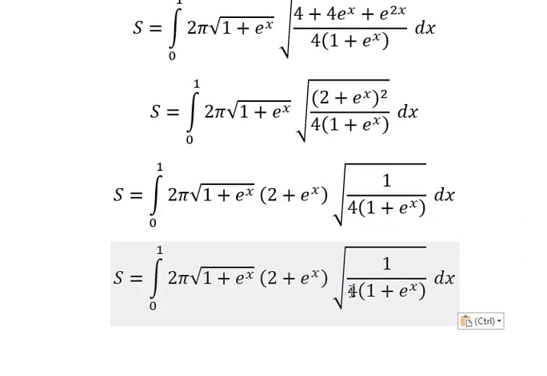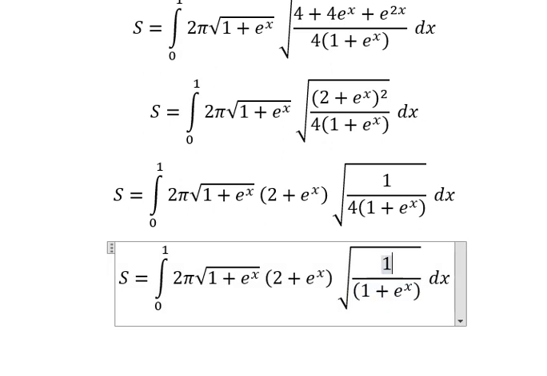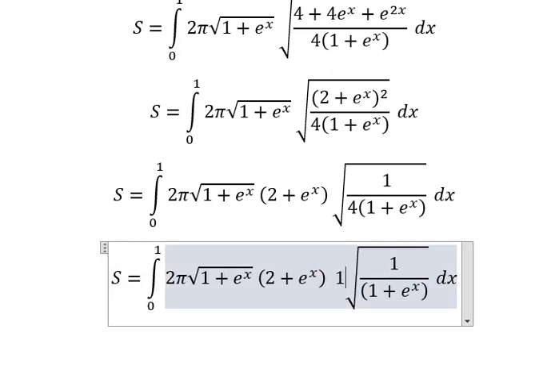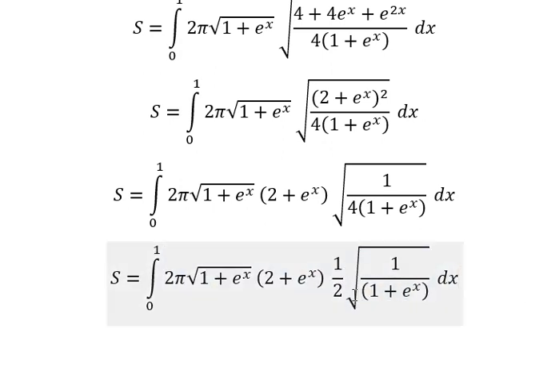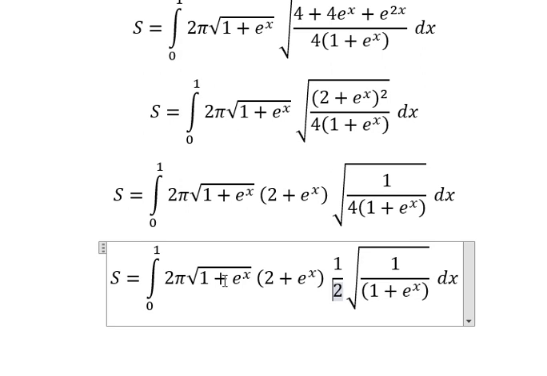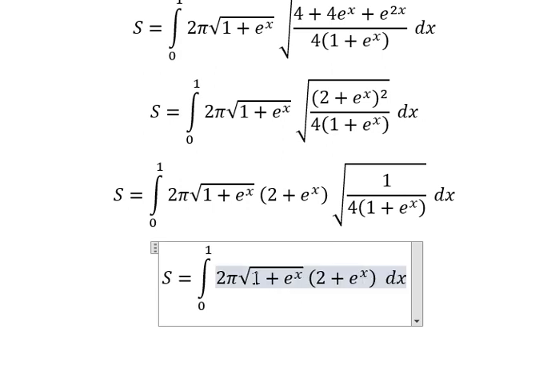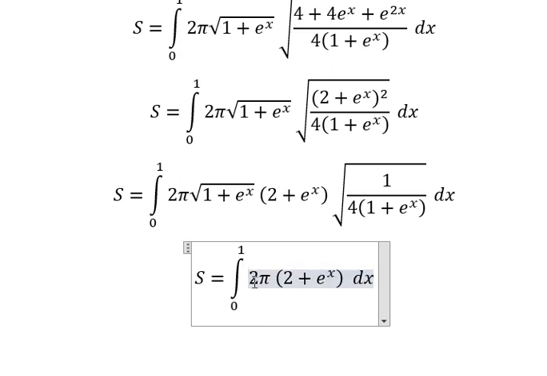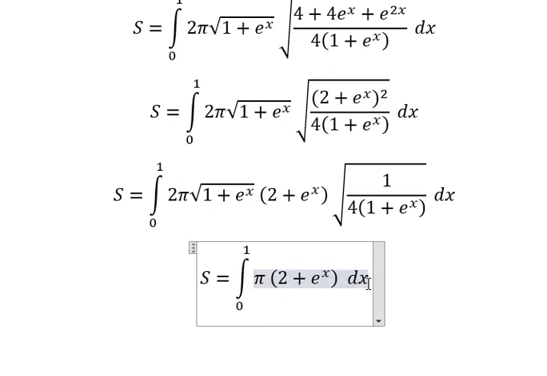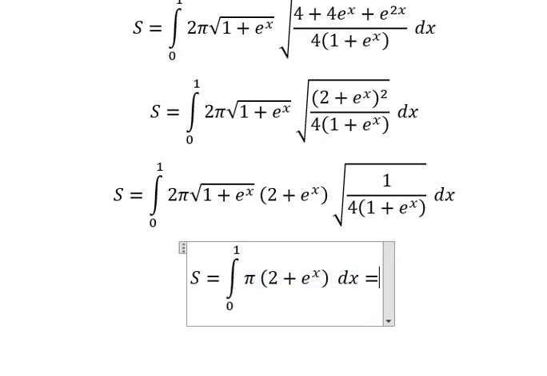The square root of number 4, we have number 2. Now, this one, number 2, is simplified by this one and this one. And now we have the final answer.